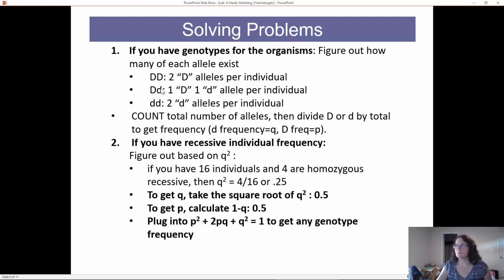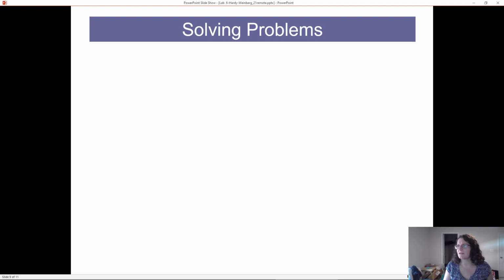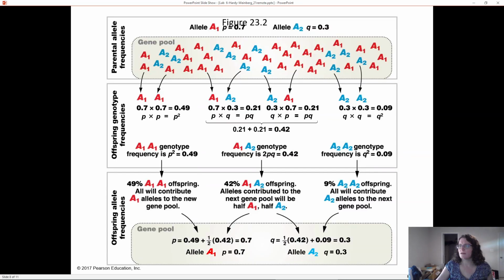To count them, 2 of the first allele per individual. For the homozygous dominant, 1 and then 2, okay? Remember how we counted them before. Okay, let's go back. We take the A1, okay, let's say HBA, and we take the homozygous dominant, and we multiply that by 2.